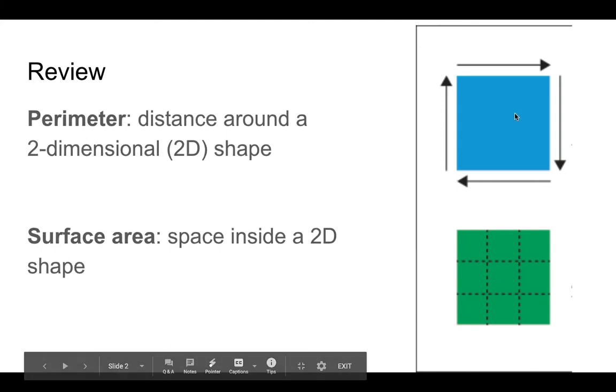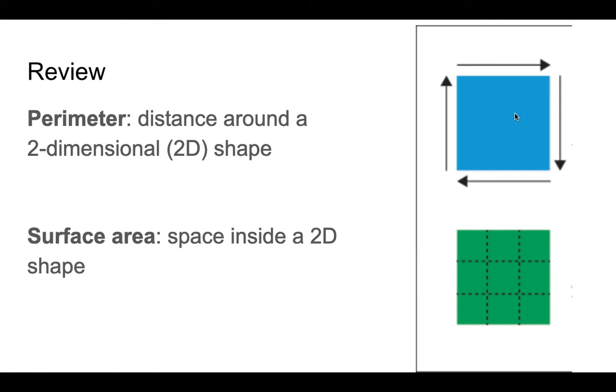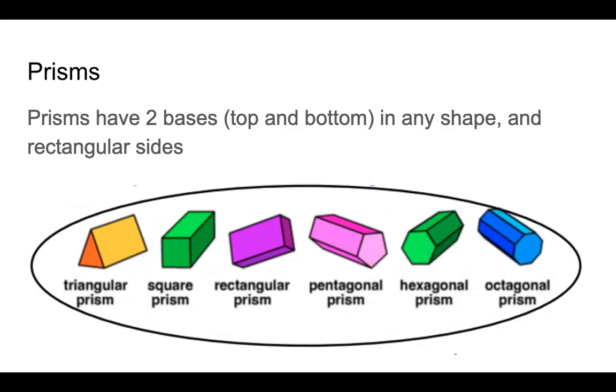Now, you have done that in the past and really have been doing it for years, I believe, in math. So today we're going to move on and look at three-dimensional objects. And the first objects we're looking at are prisms. Prisms are defined as objects that have two bases, so top and bottom, that have any shape.